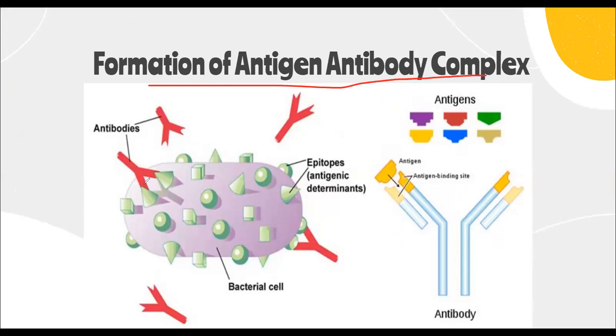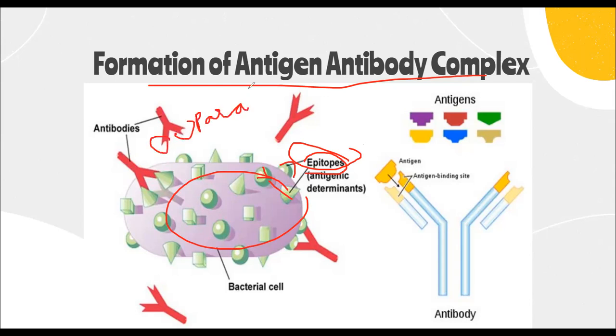Now the binding site on the bacteria. Okay, so this is the bacteria, and they have certain determinants. They are known as epitope. So the binding site on the bacteria will be known as epitope, and the binding site on the antibody will be known as paratope.